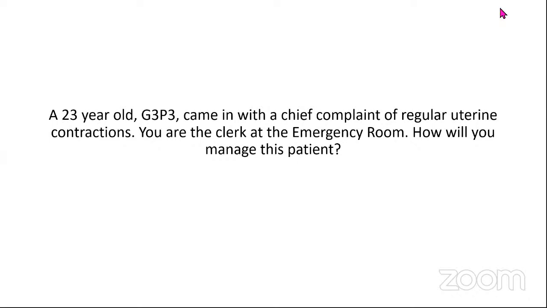Aside from your fundic height, what are your other indicators so that you will know your age of gestation? Ultrasound. If an ultrasound has been given, your LMP, fundic height, what else? Remember your obstetrics one.